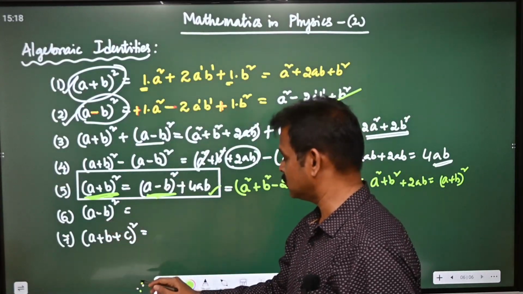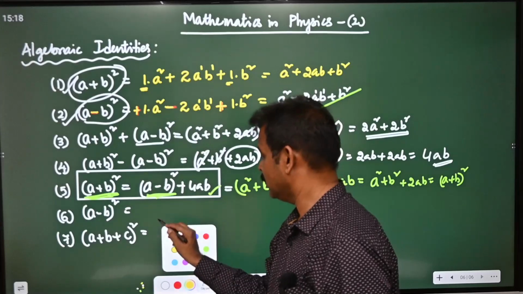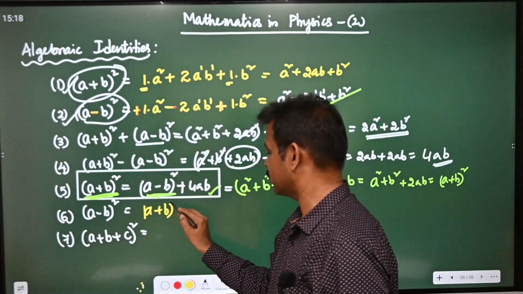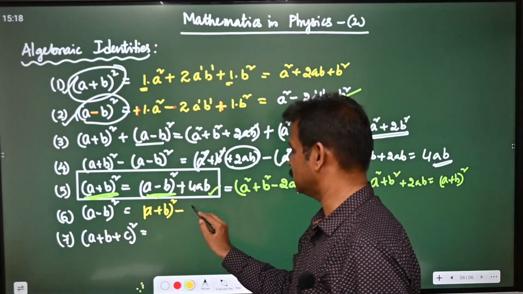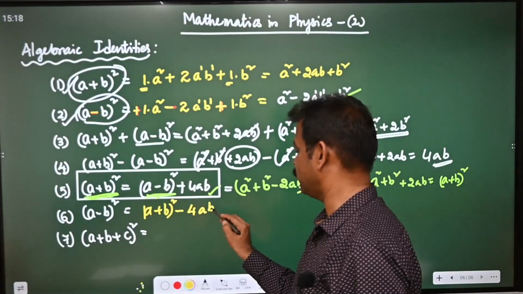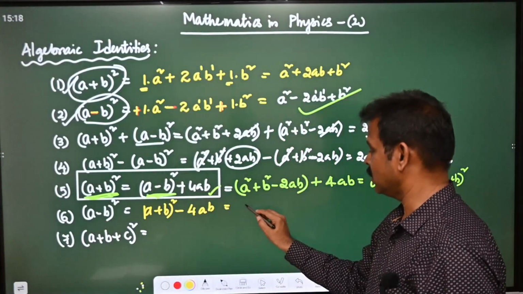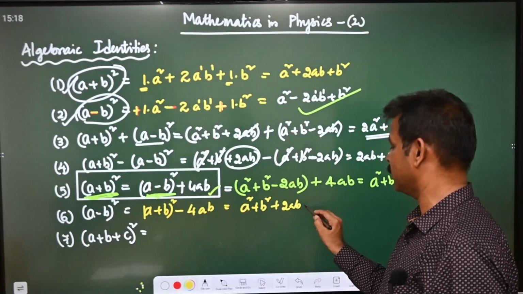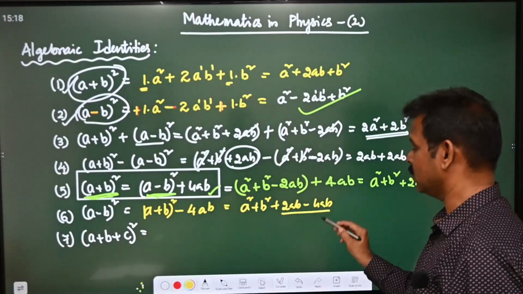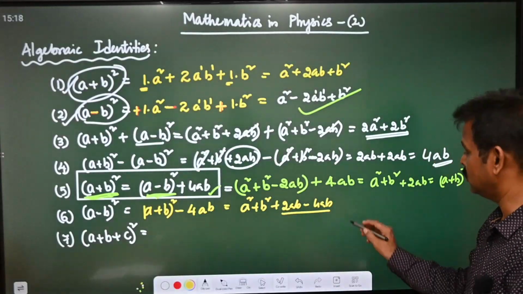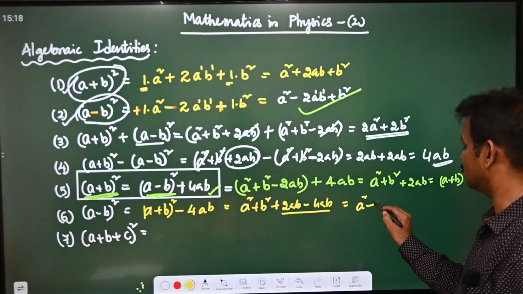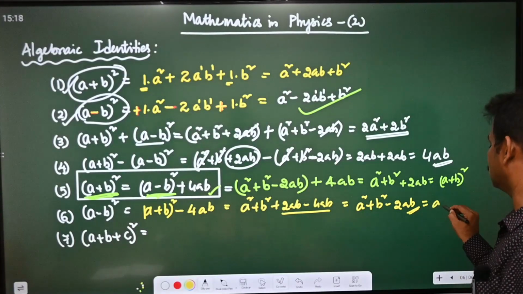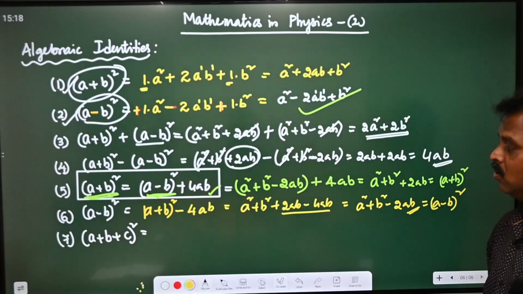Similarly, a minus b whole square can be written as a plus b whole square minus 4ab. This can also be written as a square plus b square plus 2ab minus 4ab. 2ab minus 4ab is minus 2ab, which is equal to a square plus b square minus 2ab, which is equal to a minus b whole square.